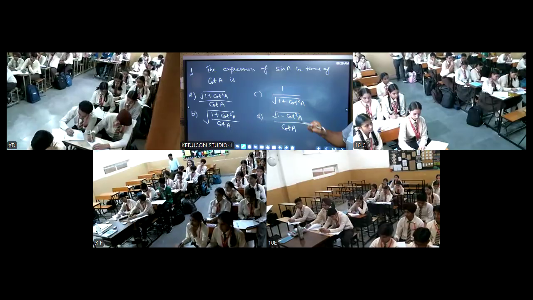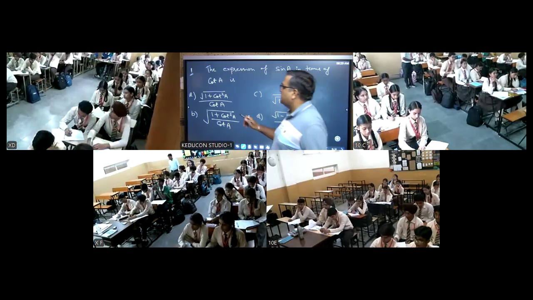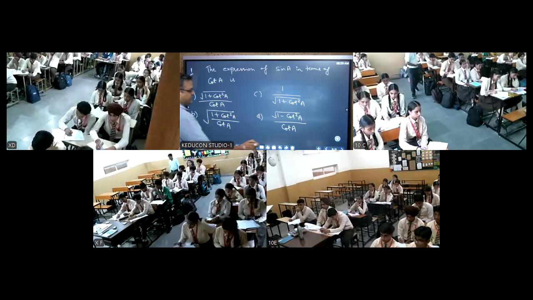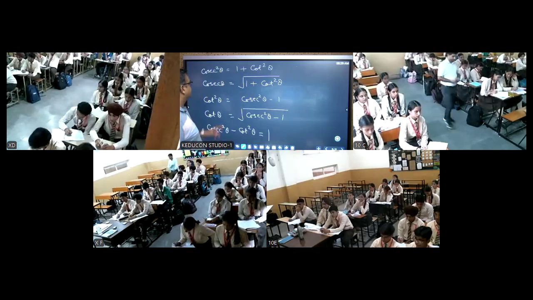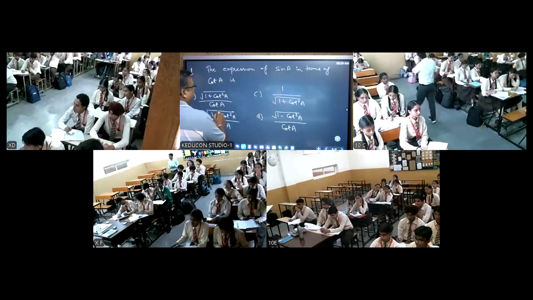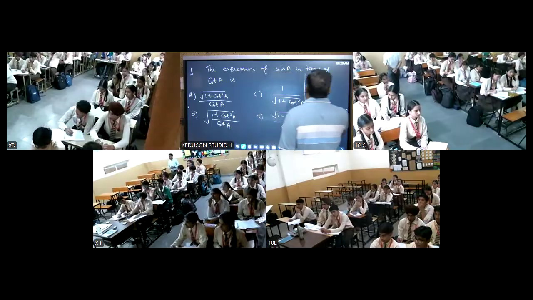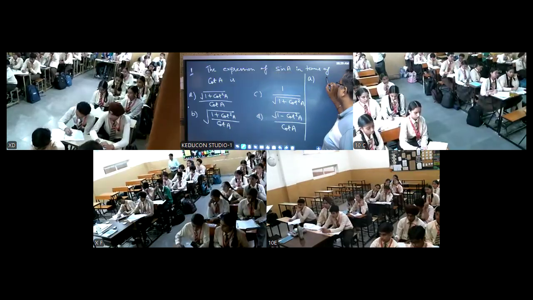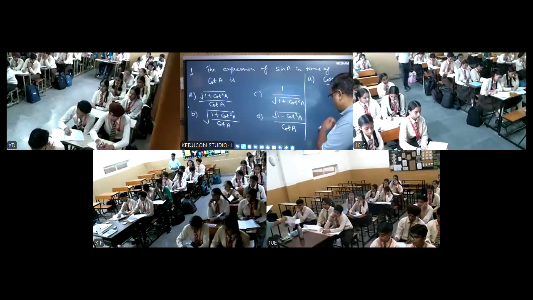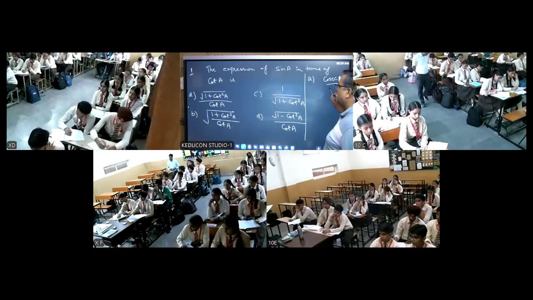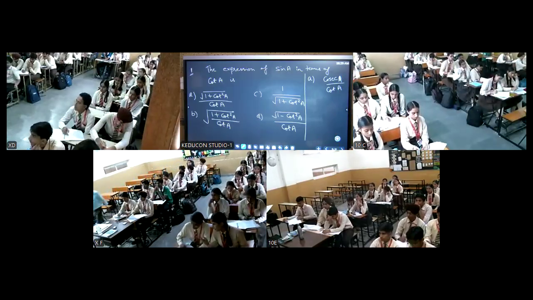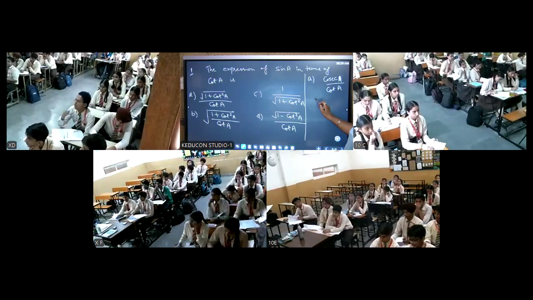Now if you look at the first choice, what is the value of under root 1 plus cot square A? We have done it in the previous slide: cosec theta. So now, students, this is cosec A upon cot A. Check whether this is equal to sin A or not.